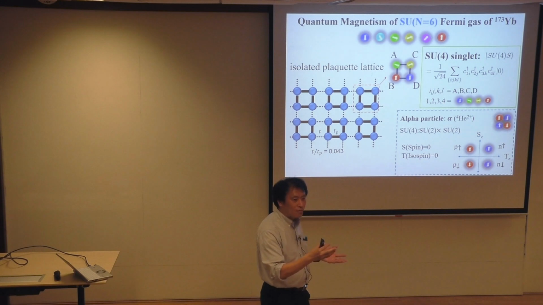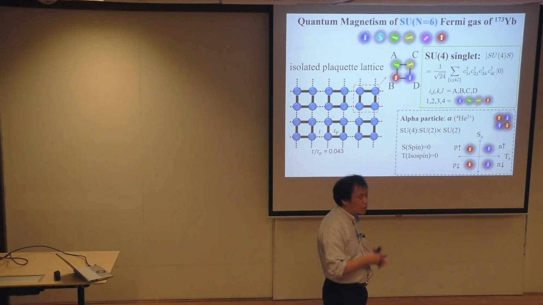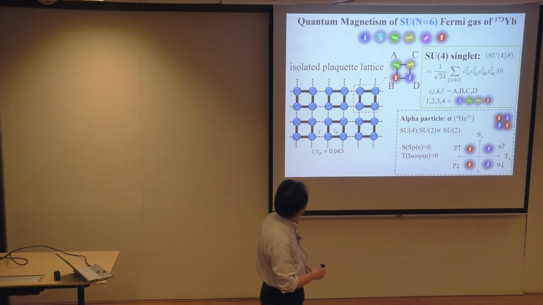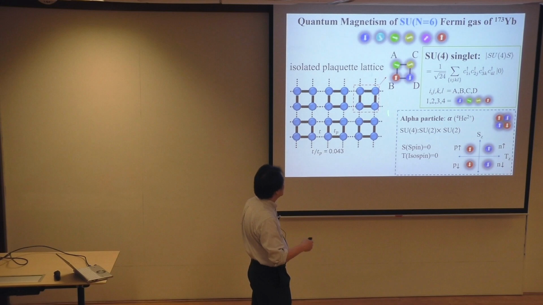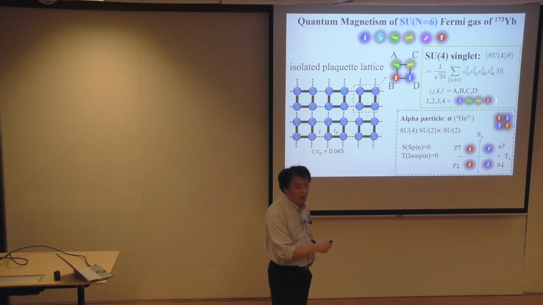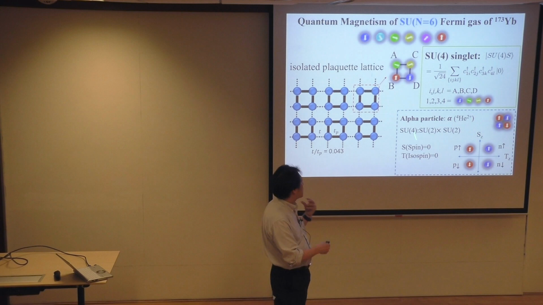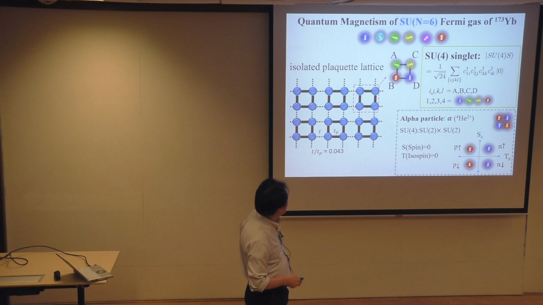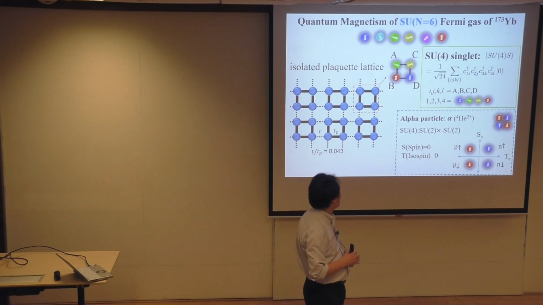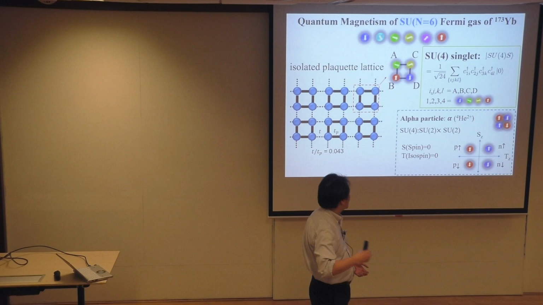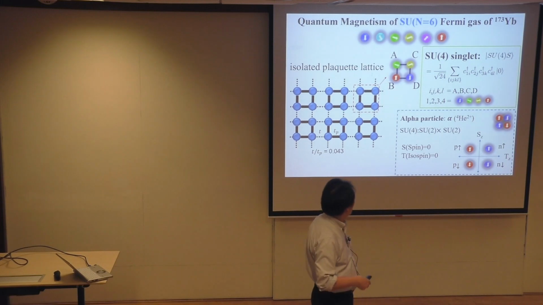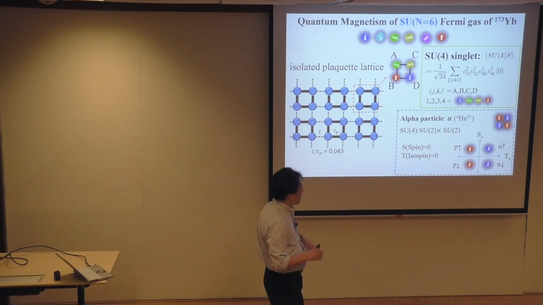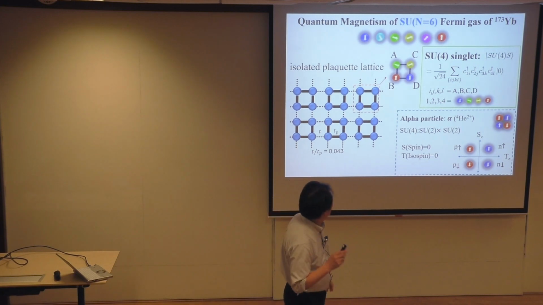And protons or neutrons are also considered as isospin up and down. So the alpha particle can be considered as an SU(4) system consisting of nuclear spin 1/2 and isospin 1/2. We can do some interesting physics related to the alpha particle, but it's just an interesting analogy.